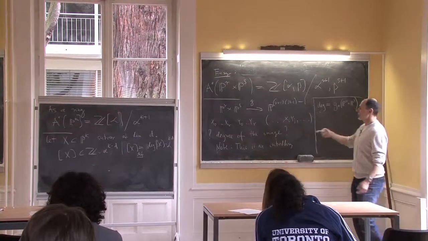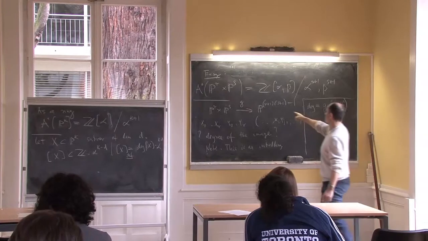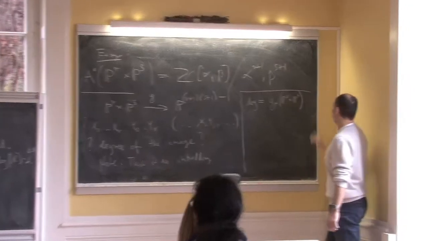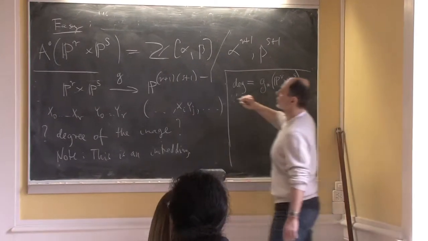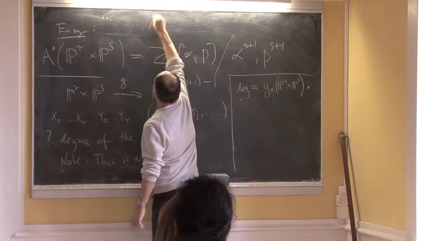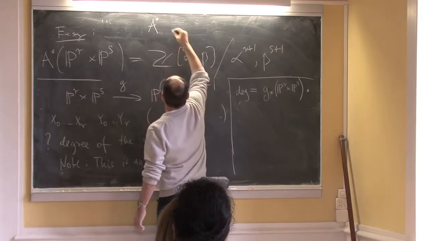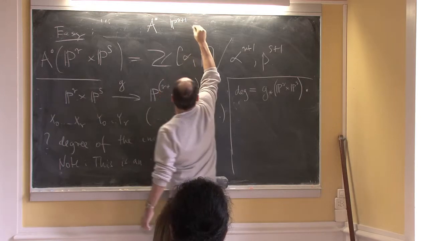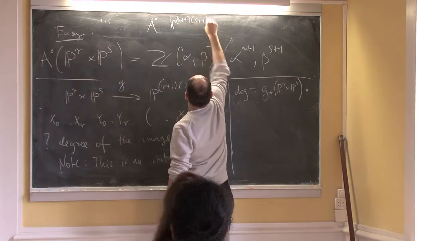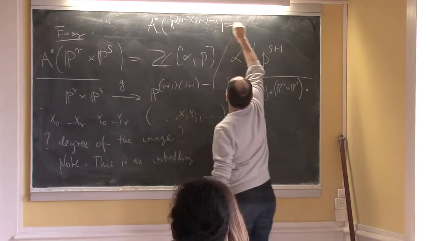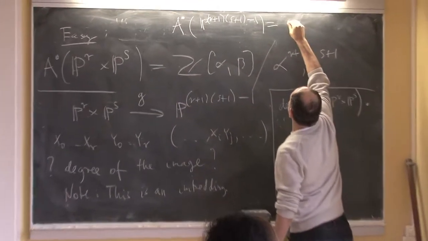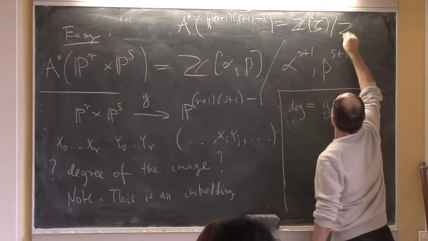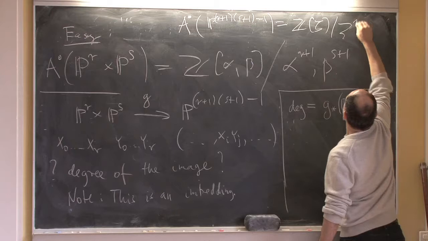Okay, and so the degree, well, one way of thinking about it is that they're just intersected here with the correct codimensional thing, which will be just multiplying. So let's call this something else now. Let's call it zeta, for example, zeta to this power.